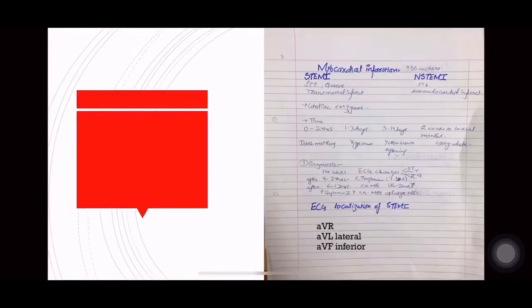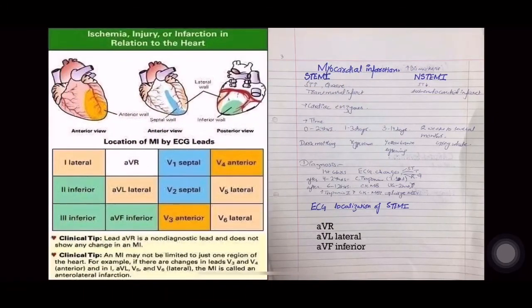In myocardial infarction, biomarkers are raised. Next, we have ECG localization of STEMI. Here is a table that describes this topic. There is another table from USMLE for localization of STEMI.